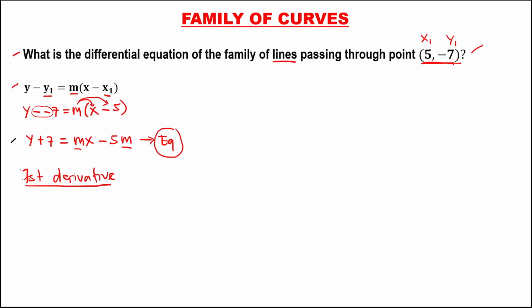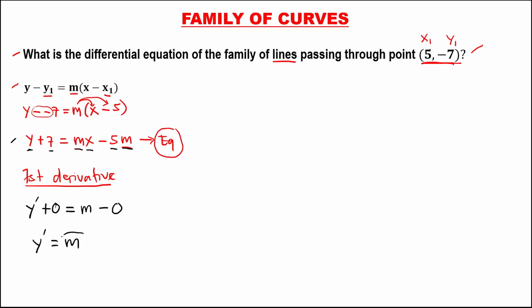From this equation, to find the first derivative, the derivative of y is y prime, plus the derivative of a constant, this one is 0, equals the derivative of a constant and a variable. So this is equal to the constant, minus the derivative of a constant, this one is 0. So therefore, y prime equals m.